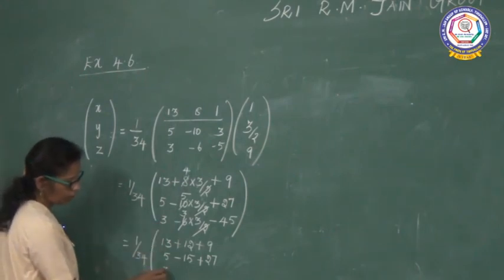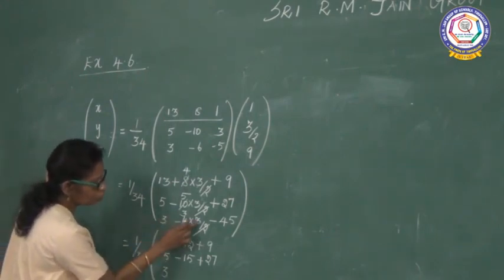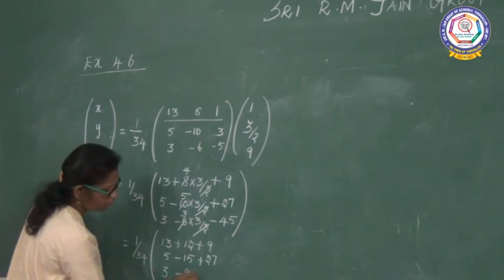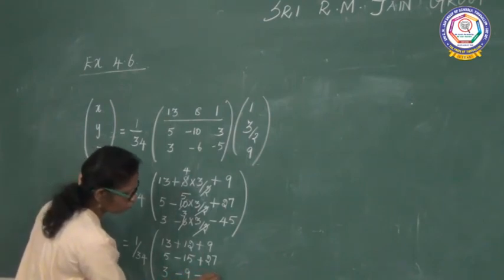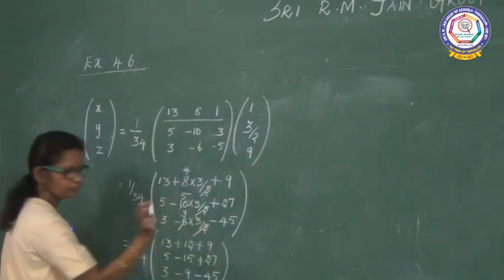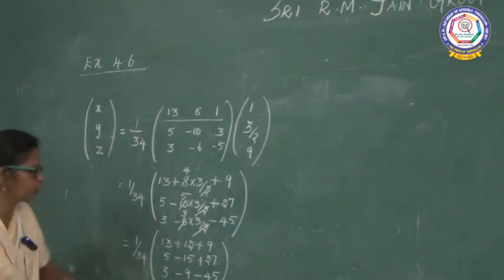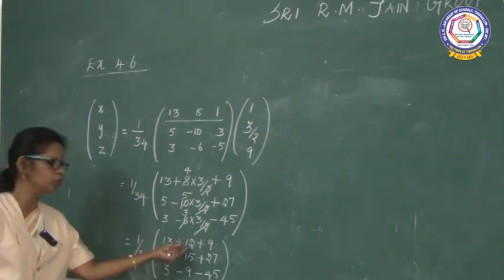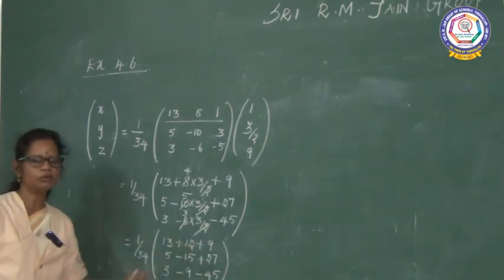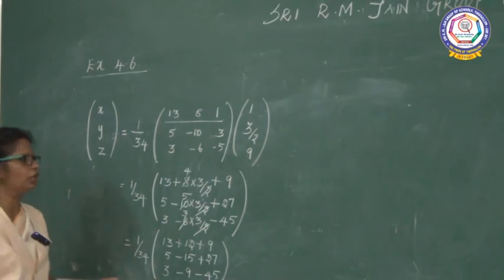Here 3 minus 3 into 3, minus 9, minus 45. Now 13 plus 12 plus 9: how much do you arrive at? 13 plus 12 is 25, 25 plus 9 is 34.